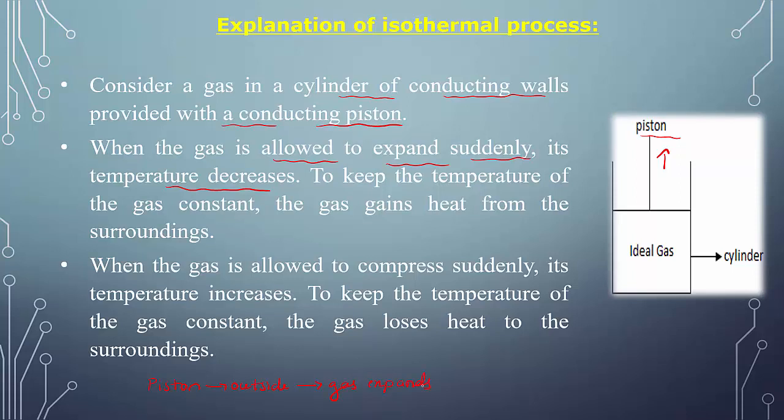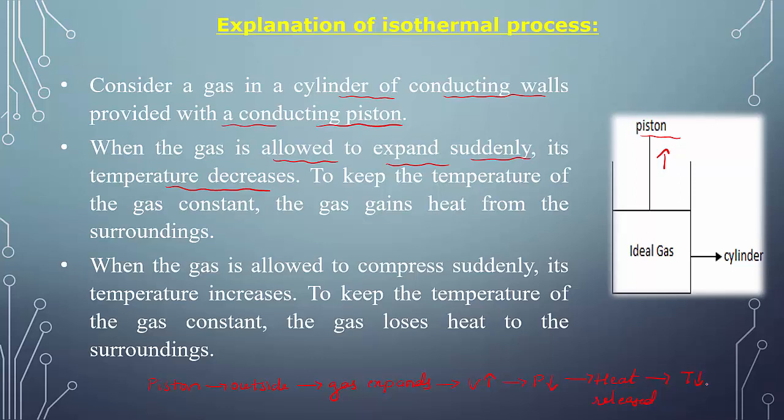When a gas expands, what are the changes that occur? Volume increases, pressure decreases, and so the heat is released or liberated. When heat releases to the surrounding, because it is made of conducting wall, heat is releasing from system to the surrounding. When heat releases, temperature decreases, right?